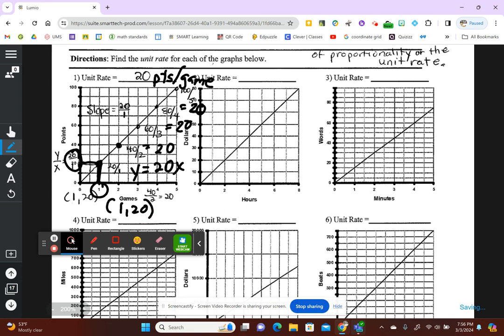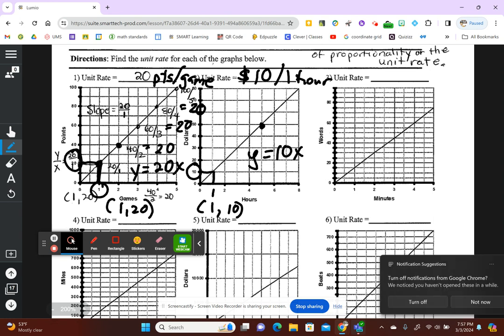So let's look at number 2. The unit rate would be, here's a 1. So I go up and over, and that's a 10. So the ordered pair would be 1, 10, and this would be $10 per 1 hour. My equation would be y equals 10x, and every time I put y over x, so in this case 50 over 5, I get 10.